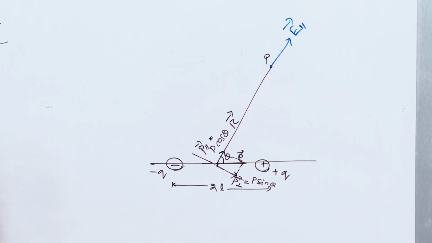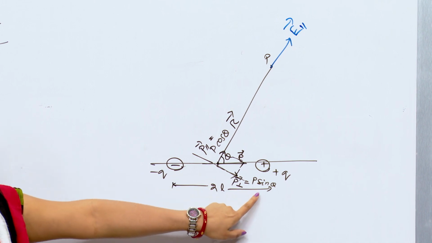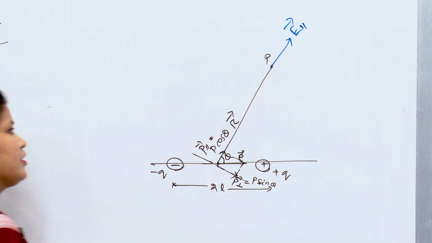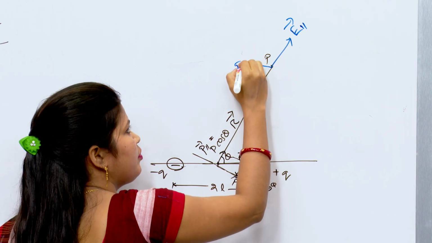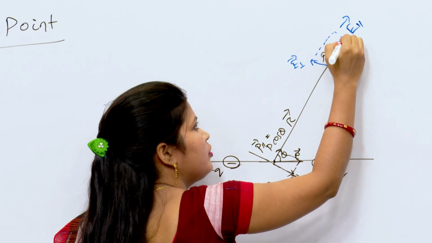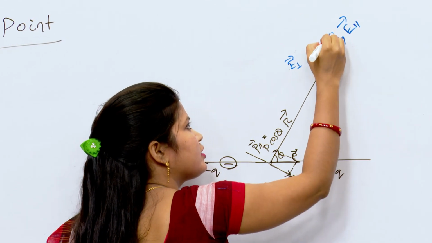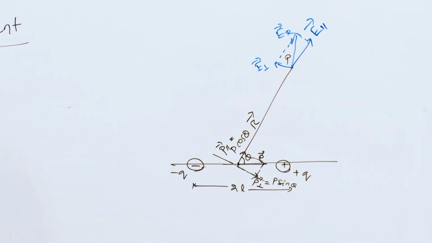Point P also lies on the equatorial line of a dipole with dipole moment p sin theta, so the direction is opposite to p, that is E perpendicular. By drawing a parallelogram, we get the resultant electric field intensity E r.